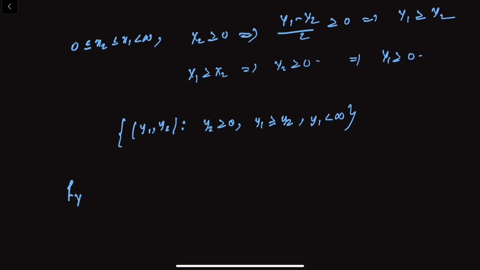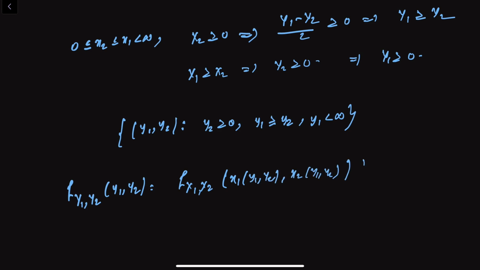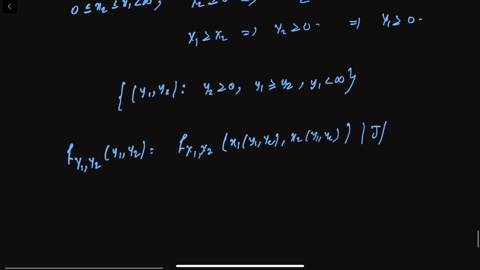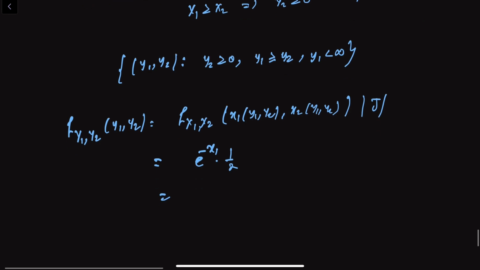So f of y1 y2, for this domain, would be f of x1 x2, the joint PDF, with x1 in terms of y1 y2, comma x2 in terms of y1 y2, into the determinant of the Jacobian, which is e to the power of minus x1, that's the joint PDF, into half. Now x1 in terms of y1 and y2 would be e to the power minus of y1 plus y2 by 2 into half we have.